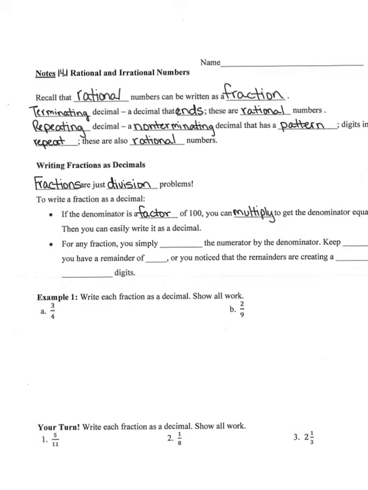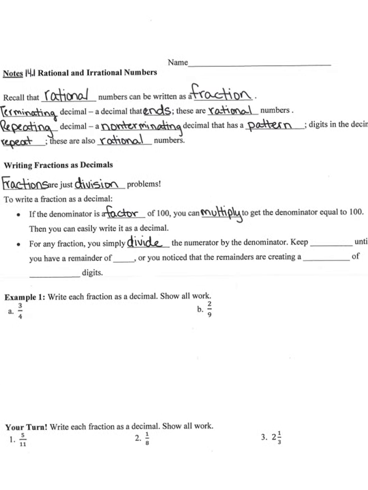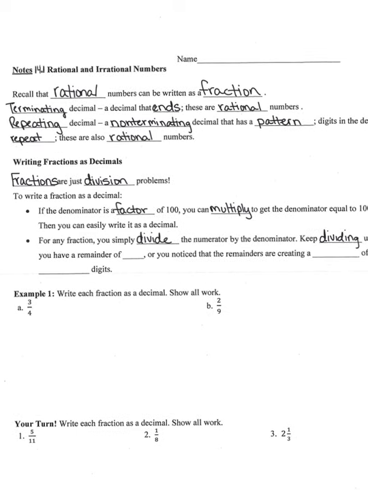For any other fraction, though, we can simply divide the numerator by the denominator. We'll just keep dividing until you have a remainder of 0, or if you notice that your remainders are creating a pattern, because that would tell you that you have a repeating decimal.